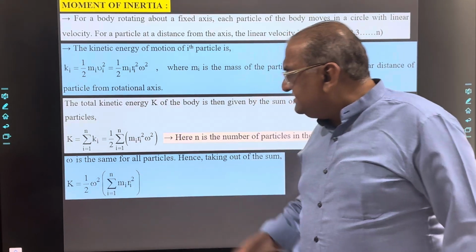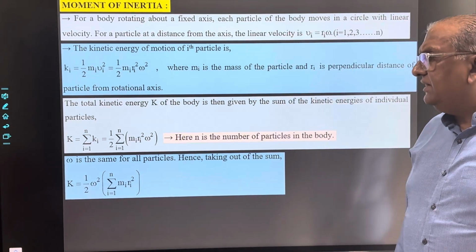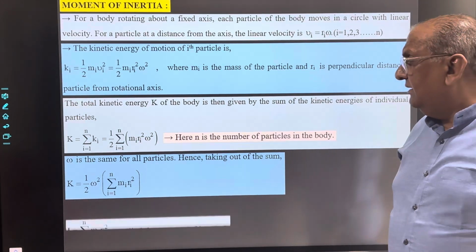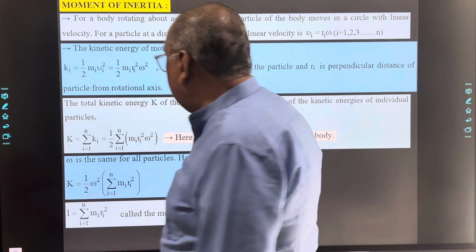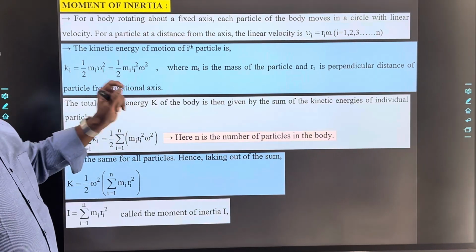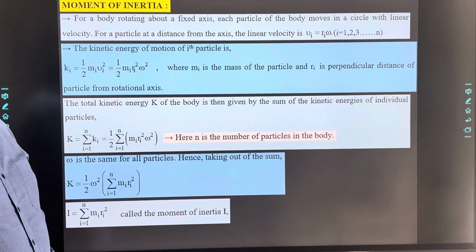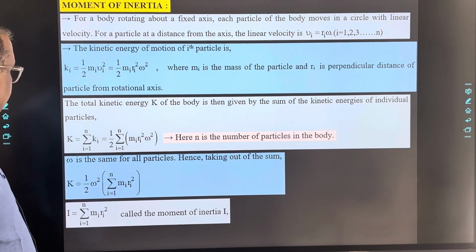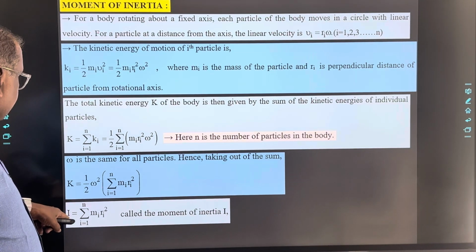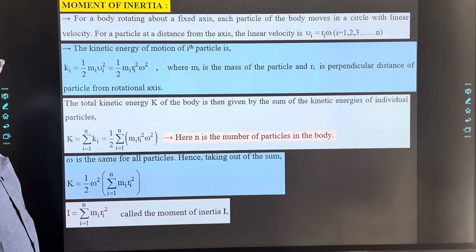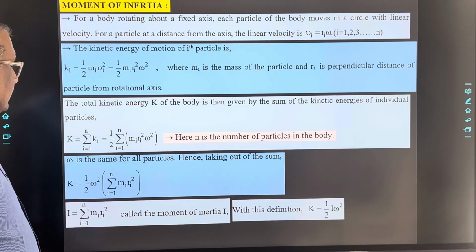Now this particular bracketed term is known as the moment of inertia of the body with respect to that given rotational axis. So here we can give the definition of moment of inertia from this equation like this.